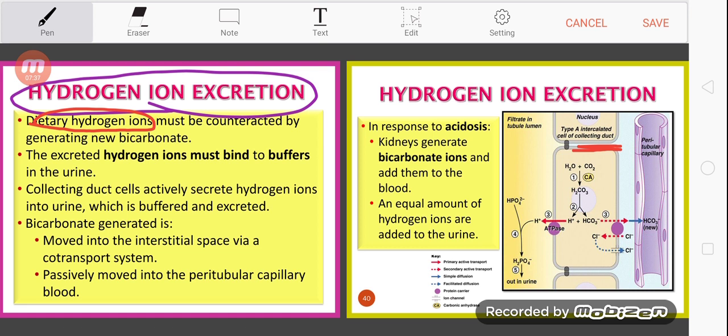Dietary hydrogen ion here comes from uric acid, phosphoric acid, lactic acid. Okay, the sources of hydrogen ion.